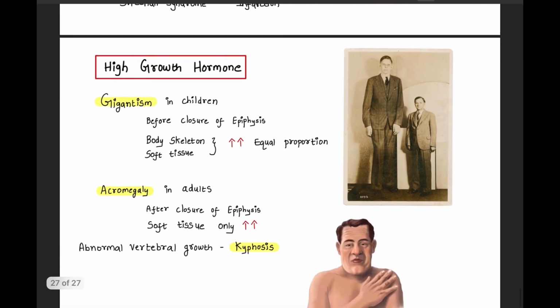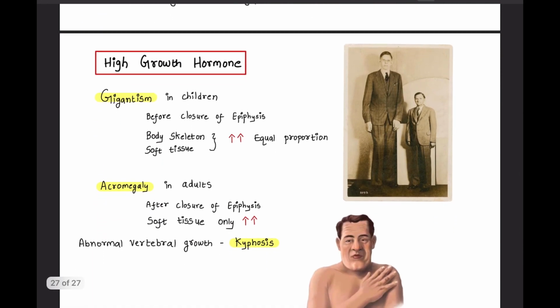And when there is a high growth hormone, you can see gigantism in children. This is the average height of a male human being. This is gigantism, and you may also have heard of these giants in the Bible.